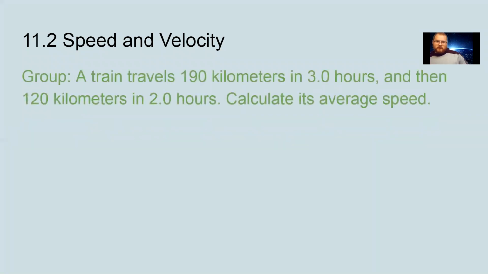All right, a train travels 190 kilometers in 3 hours, and then travels 120 kilometers in 2 hours. Calculate its average speed. Okay, let's move this down.